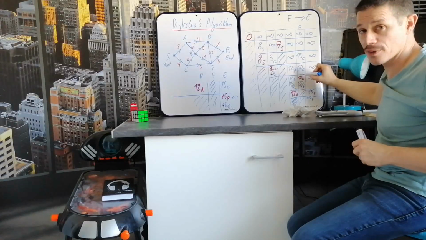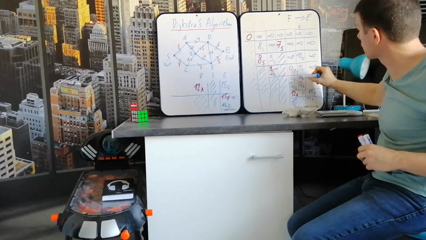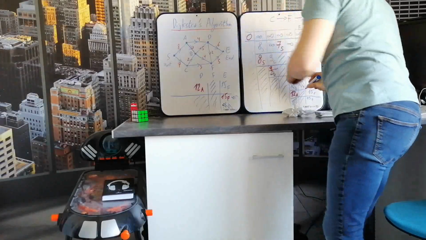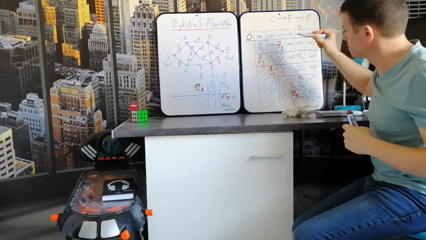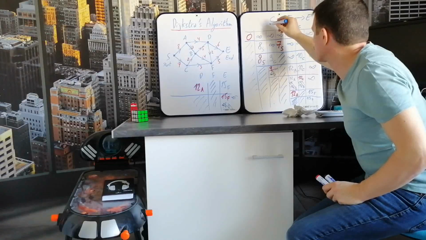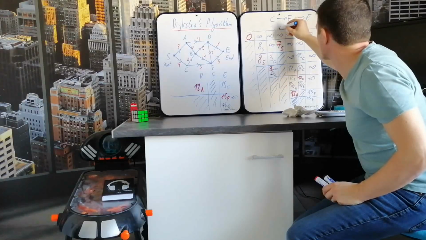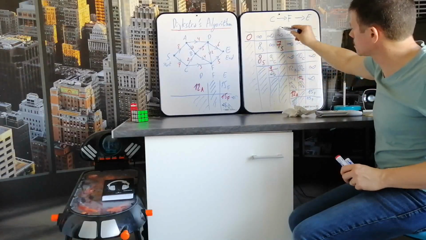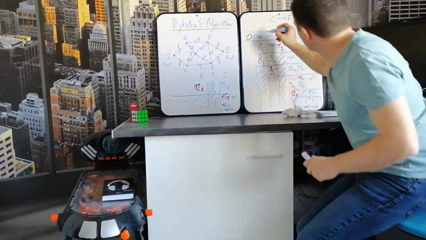The shortest path to go to F was when I came from C. So that means before F, I have to come from C. Okay, and now I will look at the C. It was the C column. So the shortest path to go to C was the first one when you come from S.